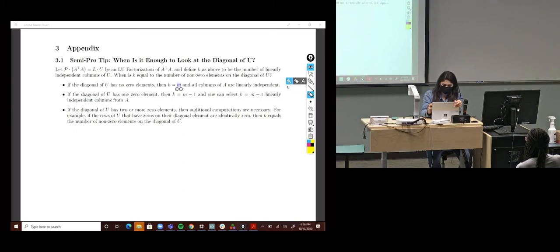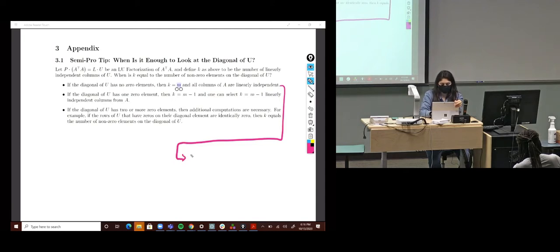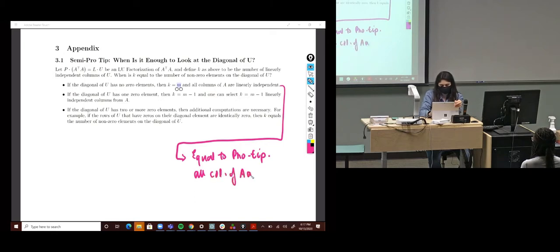So I think it's worth mentioning that if you were to go from here to what the pro-tip is, it's equal to using the pro-tip, which says all columns of A are linearly independent if the diagonal elements of U are not 0.